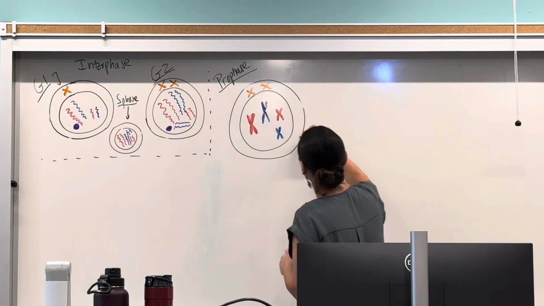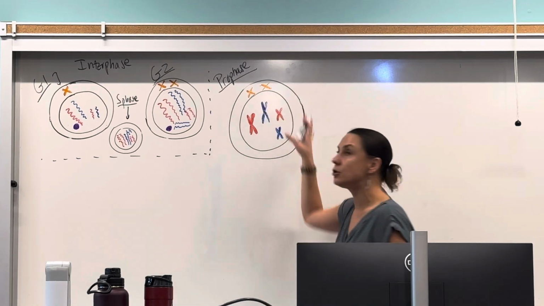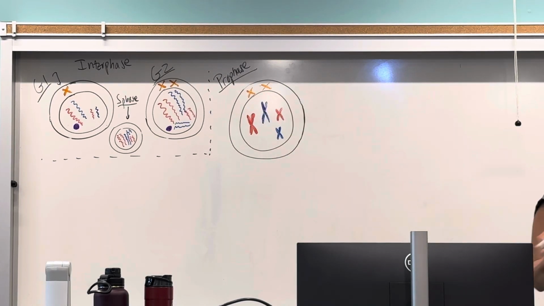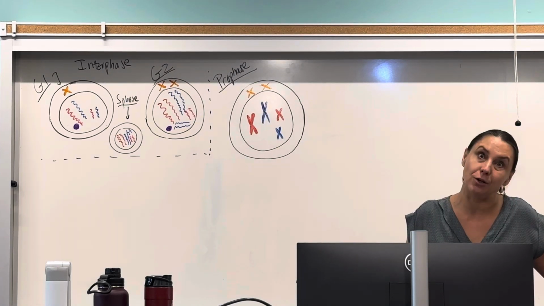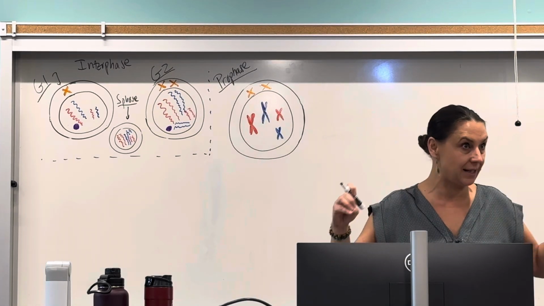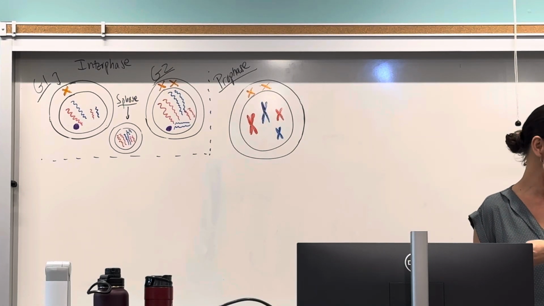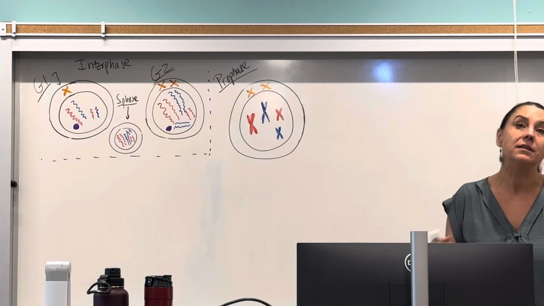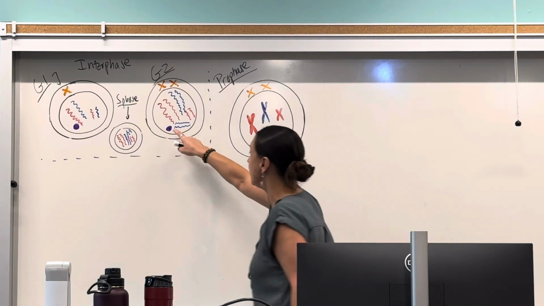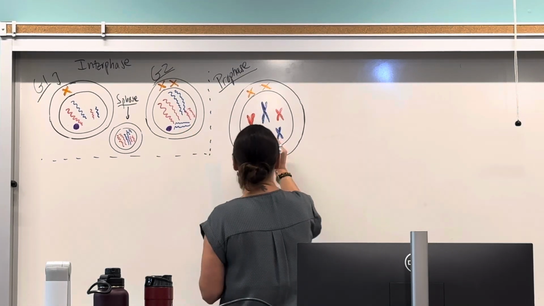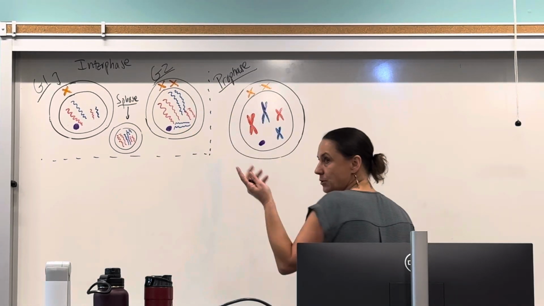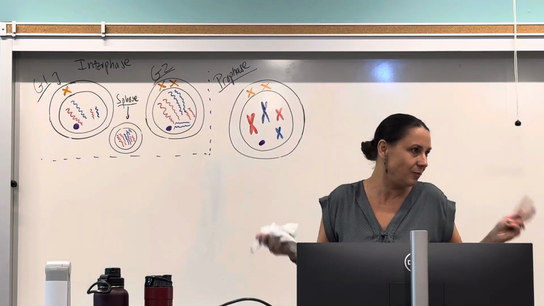Another thing that will happen is, at this point during mitosis, you're not making any proteins. All your concern is about dividing your DNA molecules and splitting the cell. So you're not making any proteins, so you're not going to need any ribosomes, and so you're also not going to need the nucleolus. This guy right here, the nucleolus. It's not a big point, but it's written in your PowerPoints, so make sure you know that.